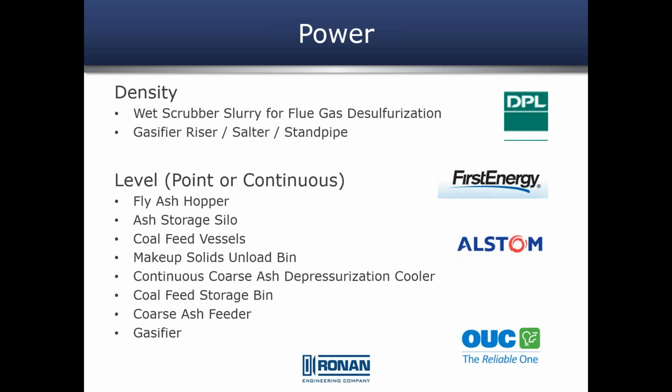We do a lot of fly ash, lime slurry measurements for density. For level, whether point or continuous, here are just a couple installations: fly ash hopper, the silo, the feed vessels, unloading bins, the coolers.